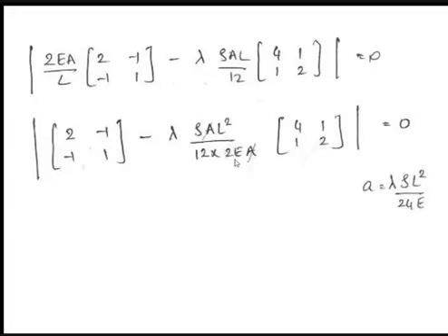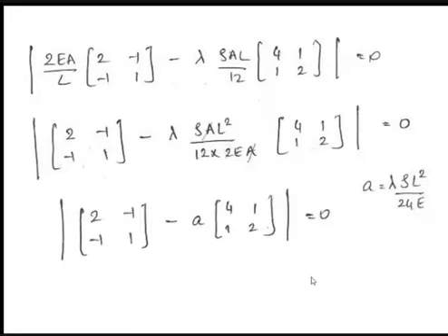Next, let us consider that as a, because it will be easy for us to simplify. So I have taken a is equal to lambda rho L square divided by 24E. So if I consider that and substitute in this, I'll be getting 2 minus 1 minus 1 1 minus a into 4 1 1 2 is equal to 0.